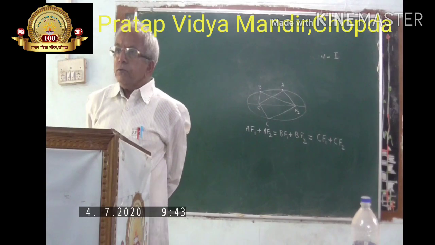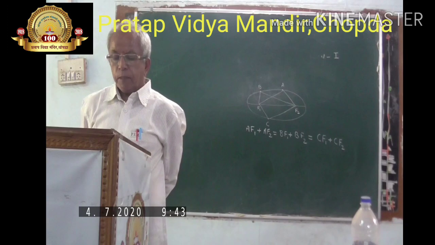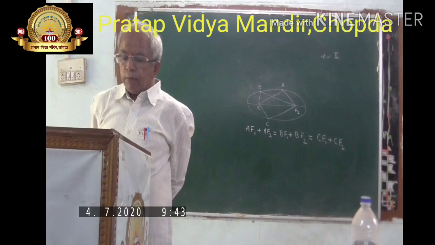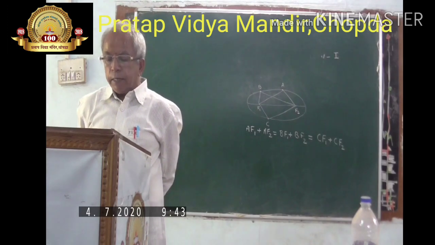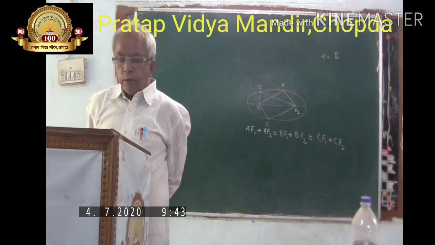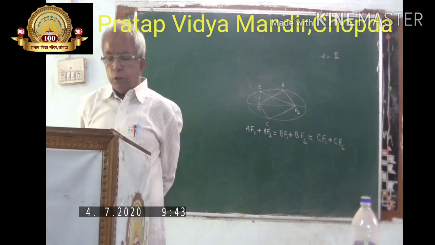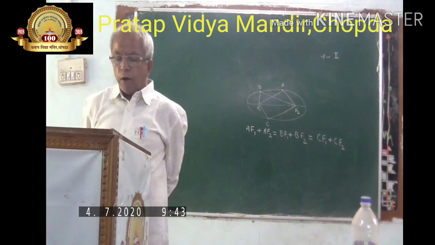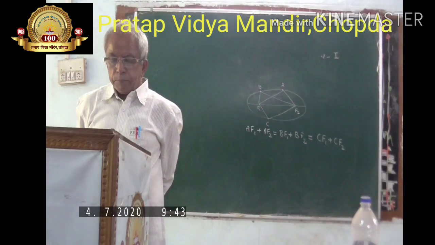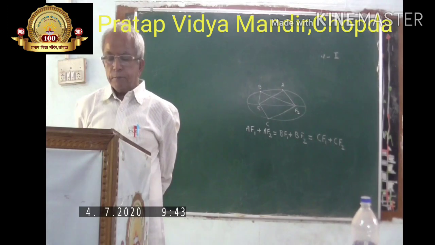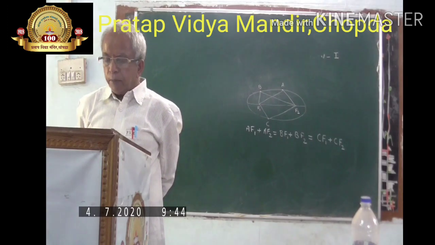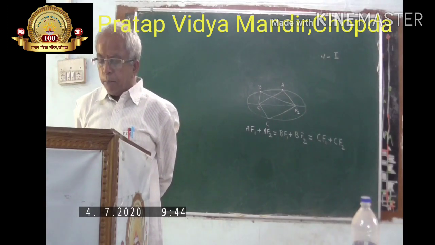According to second law of Kepler, AB and CD are distances covered by the planet in equal time. That is, after equal intervals of time, the positions of the planet starting from A and C are shown by B and D respectively. The straight lines AS and CS sweep equal area in equal interval of time.